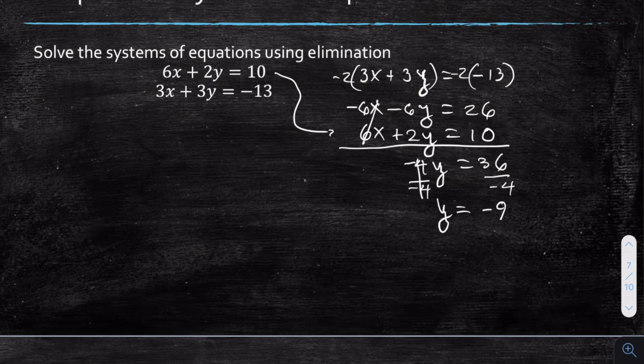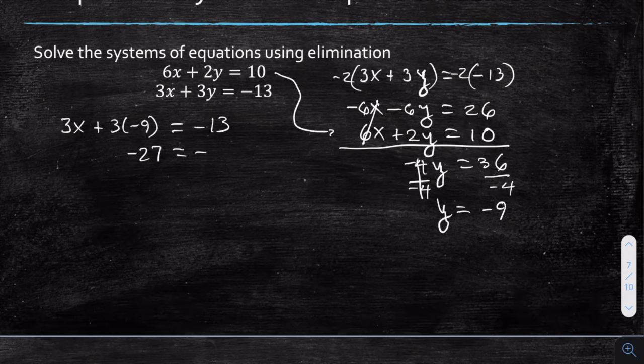How convenient. So now I can just take that y equals negative 9 and substitute it into one of the 2 equations, and I'll have the x coordinate. So let's take that second one because it's easier to multiply by 3, I guess. So we're going to say 3x plus 3 times negative 9, because we already solved for y down there, is equal to negative 13. Okay, 3 times negative 9, negative 27.